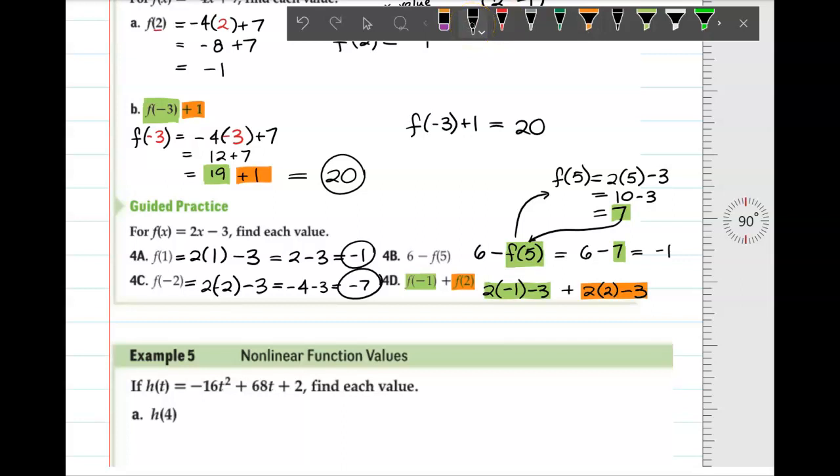Again, using PEMDAS, we have to multiply first, which gives us negative 2 minus 3 plus 4 minus 3, and then working left to right, negative 5 plus 4 is negative 1, minus 3 would be negative 4.